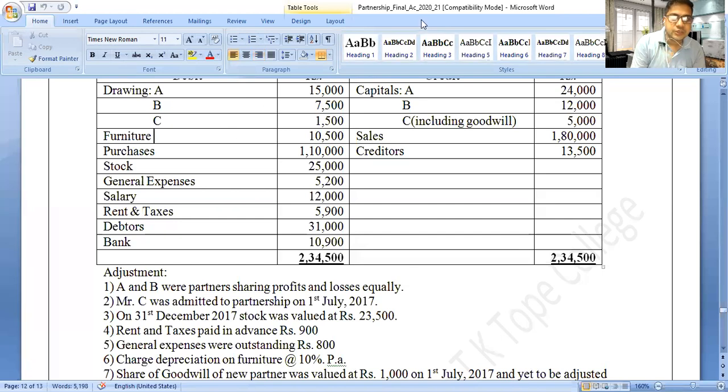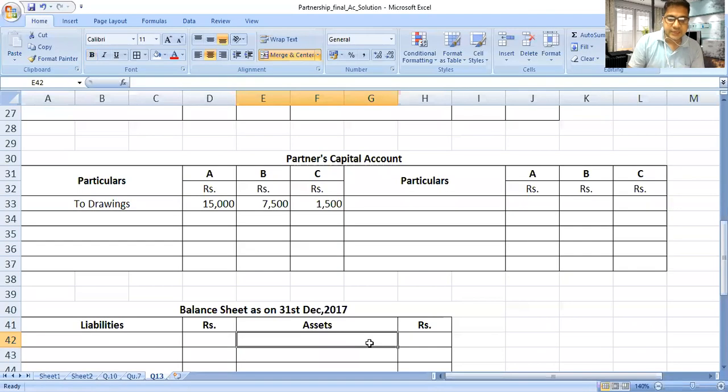The furniture is a fixed asset. We will record it in our balance sheet, on the asset side. It is a fixed asset, so we will write furniture, and we will put the value in the inner column, 10,500.